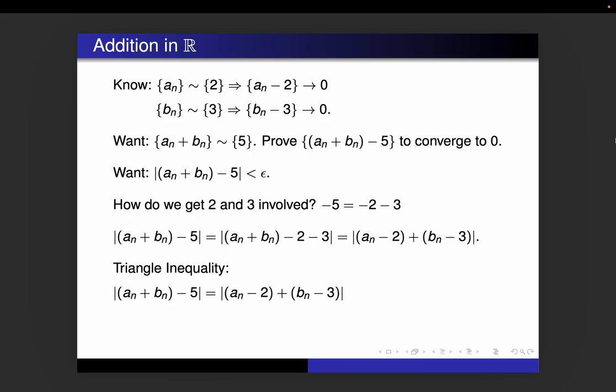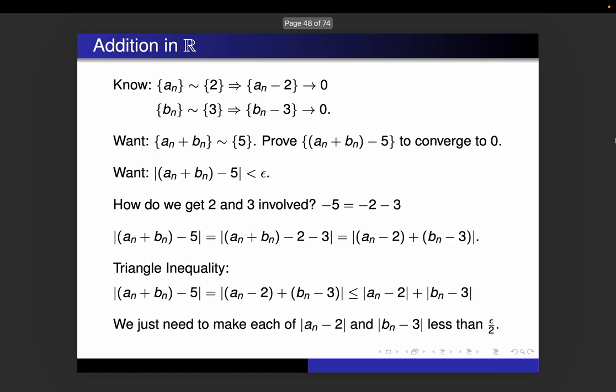When we use the triangle inequality, we get the absolute value of An minus 2 plus the absolute value of Bn minus 3. We know we can make the absolute value of An minus 2 less than any positive number we want, same with Bn minus 3. So we're going to play that epsilon over 2 game with them to get things to work out. We just need to make each of the absolute value of An minus 2 and the absolute value of Bn minus 3 less than epsilon over 2.